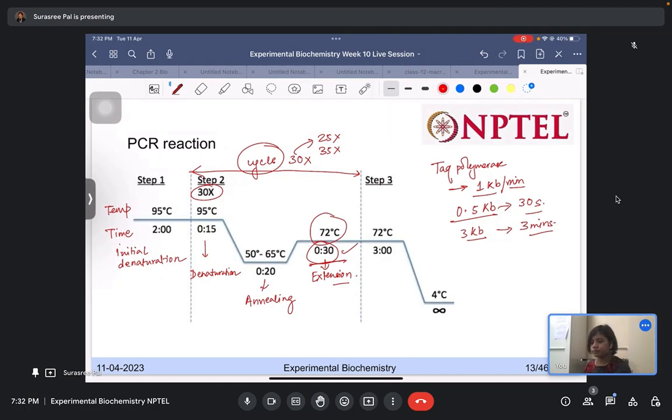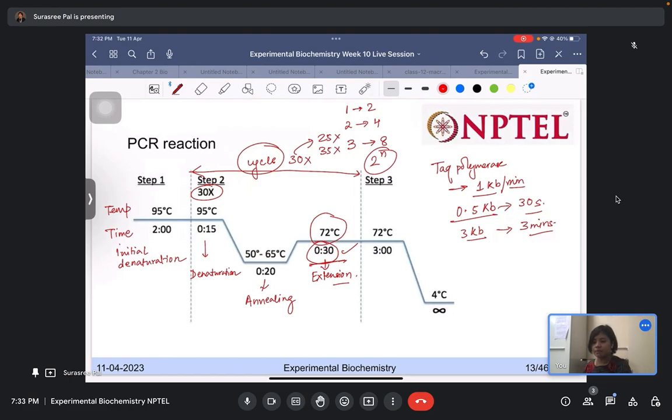So in one cycle, 2 molecules of DNA are produced. In 2 cycles, 4 molecules of DNA are produced. After 3 cycles, 8 molecules of DNA are produced. So it is basically 2 to the power n. So it is 2 to the power 2, it is 2 to the power 3. So n is the number of cycles.